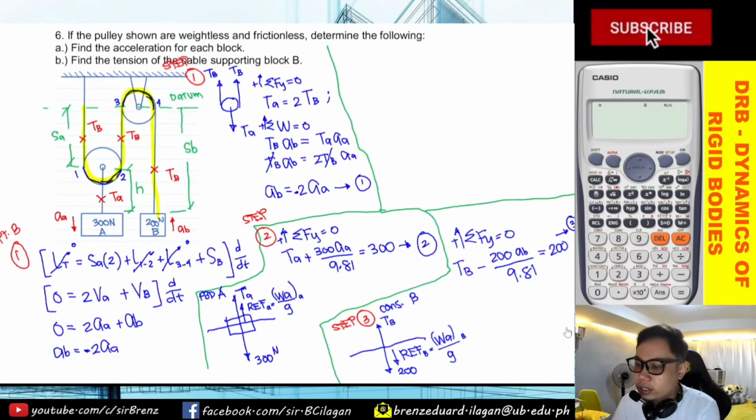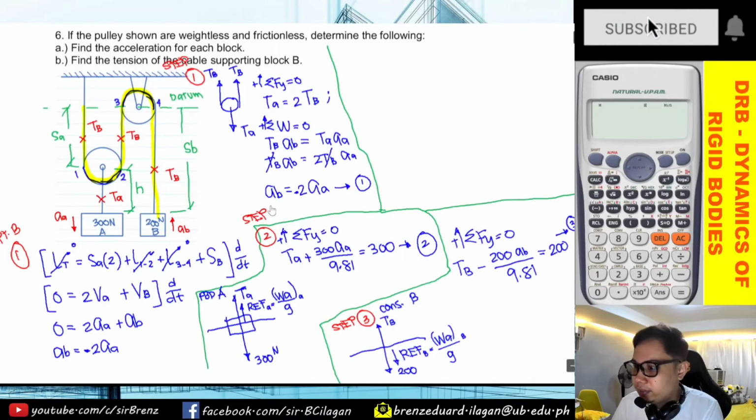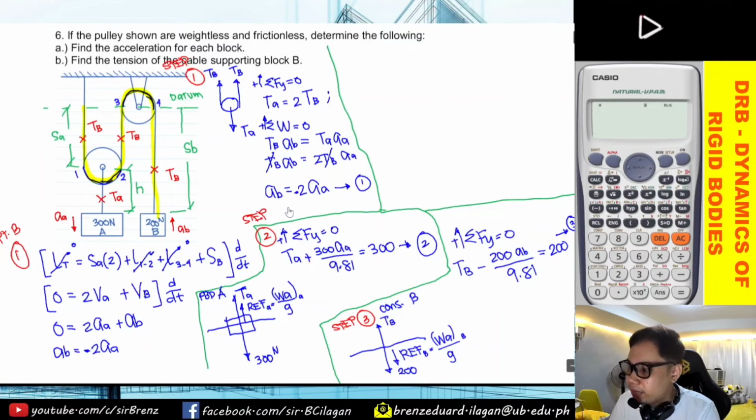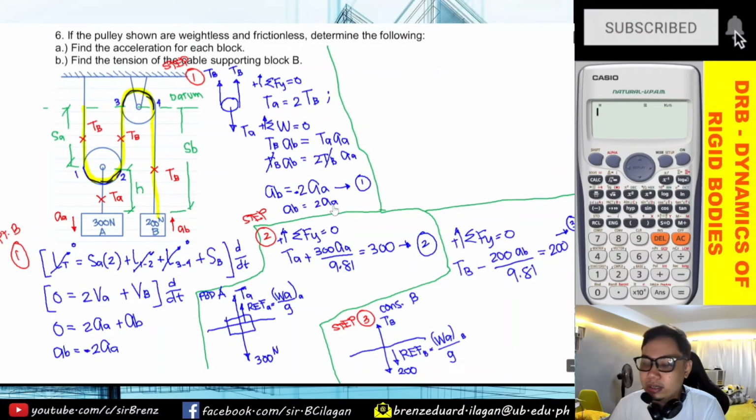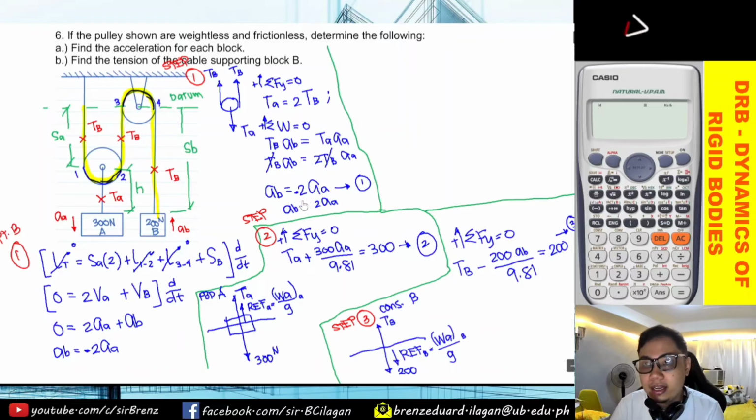Okay, so ito guys, we'll just get the relationship with respect dito sa absolute value nila, kasi kaya lang naman siya naging negative kasi pasalungat yung direction niya. Pero ang relationship na gagamitin talaga natin dito is A sub B equals twice ng acceleration ni block A. So, wag malilito doon. Habol natin dito is yung relationship. Mamaya, doon natin malalaman yung direction niya based doon sa lalabas na sagot.